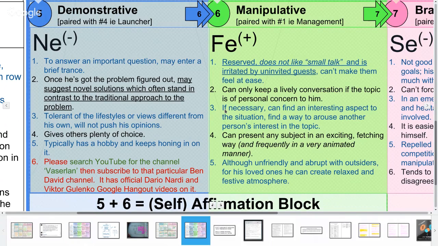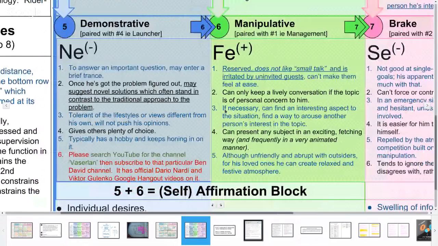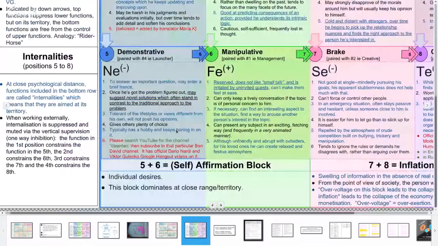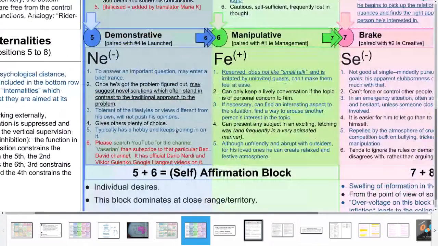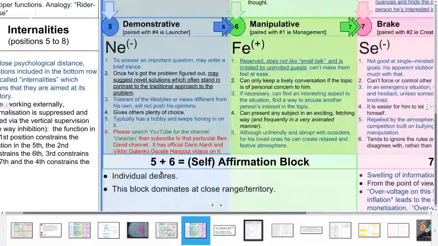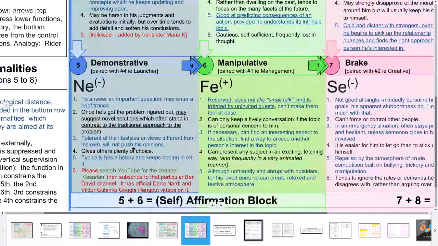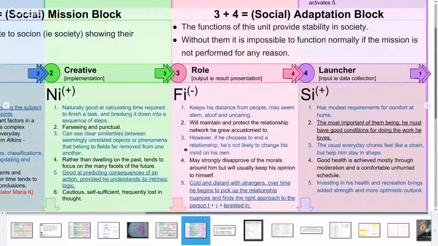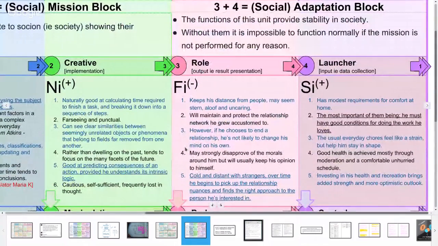If the topic is not of personal concern to the INTP, then they would move from being in the self-affirmation comfort zone block to being in the social adaptation block of, oh my God, I've got to talk to these boring people about this boring concrete subject. Give me a concept, please.